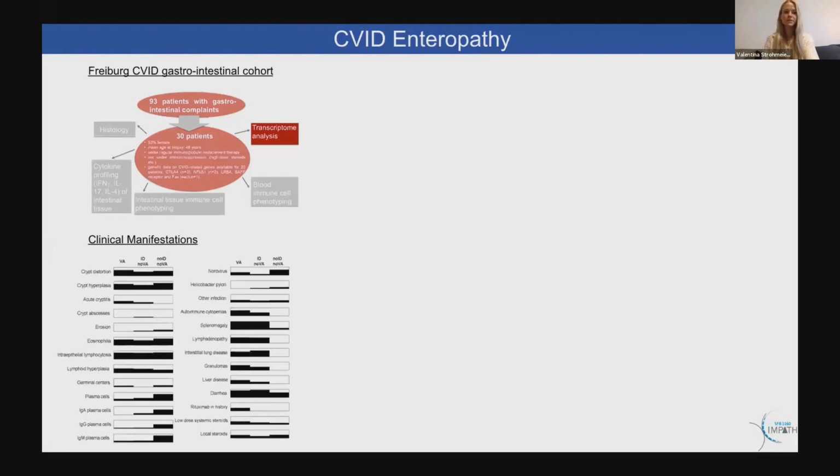In the lower figure, you can see clinical manifestations among the 3 different groups: CVID villus atrophy patients, CVID no villus atrophy patients, which still suffer from gastrointestinal complaints and inflammation but do not show villus atrophy, and healthy controls. One clinical manifestation that negatively correlated with the presence of villus atrophy is the presence of plasma cells, and more specifically also IgA positive plasma cells.